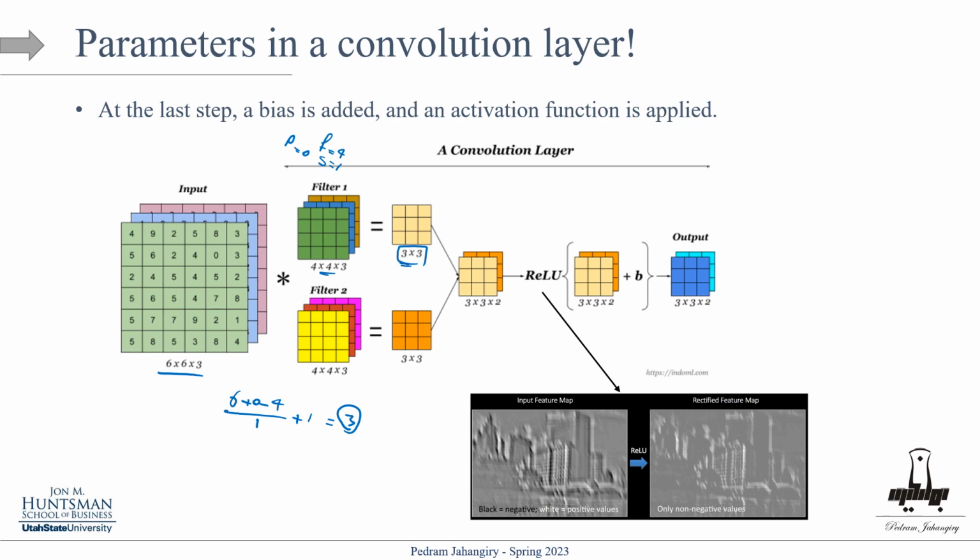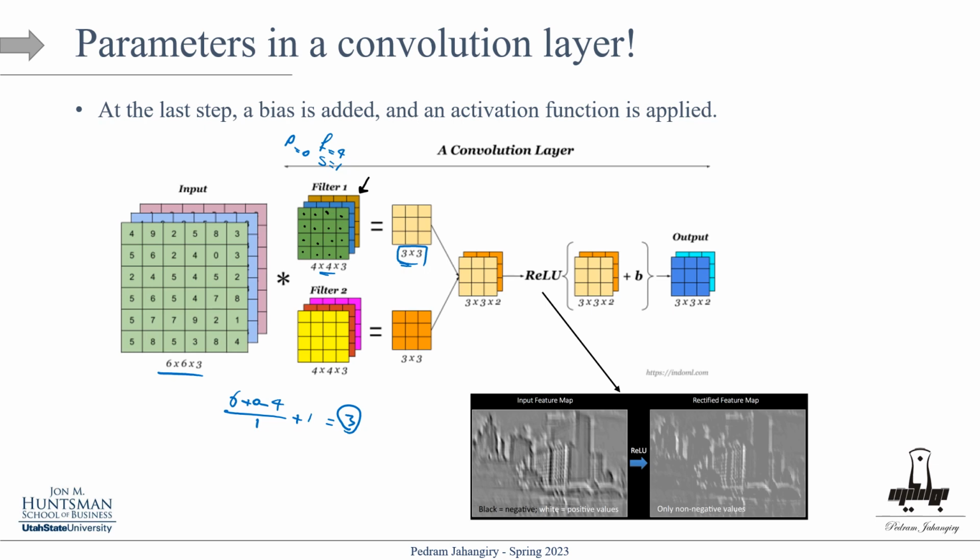Okay, now let's look into the parameters. Remember, each of these is a 4 by 4 matrix, and each of these weights is going to be learned during the training. So I have 4 by 4, and this is RGB, so the number of channels in the input layer is 3.